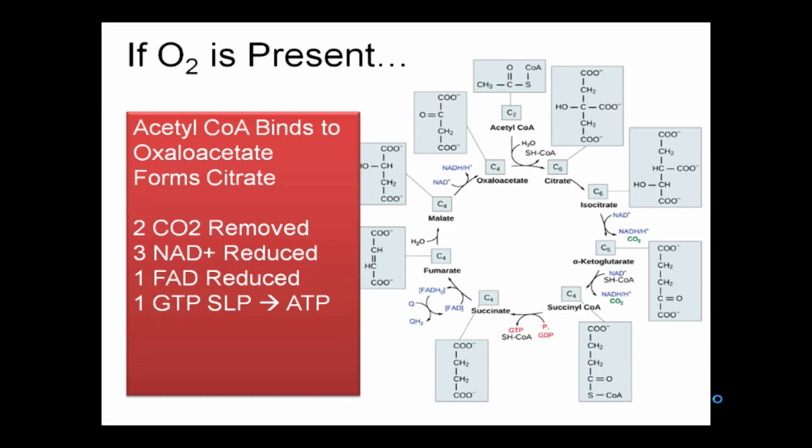We first form GTP, which is another nucleotide triphosphate, which will then be converted into ATP. We want to multiply these values times 2 to get a total for glucose, because remember, we broke glucose in half into 2 3-carbon molecules, so we need to look at the totals for 2 acetyl-CoAs.